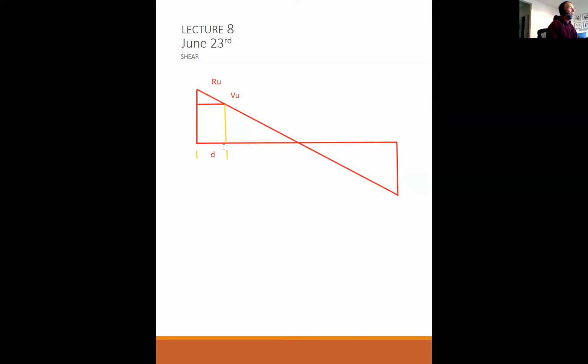We haven't talked about ties or capacity or anything yet. This is just on the demand side. So what the code says is even though your shear diagram looks like this, they're allowing us to design to a shear diagram that looks like this.